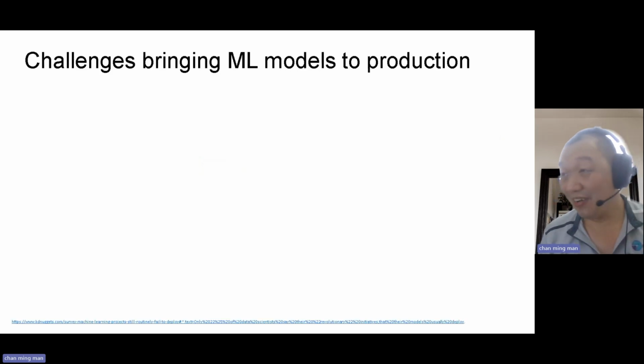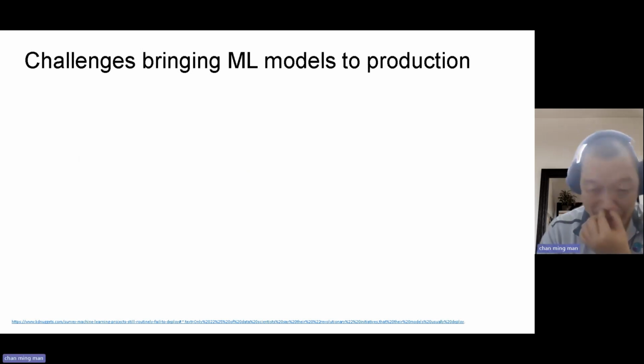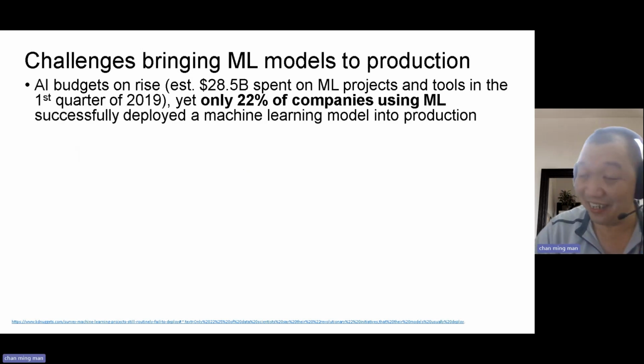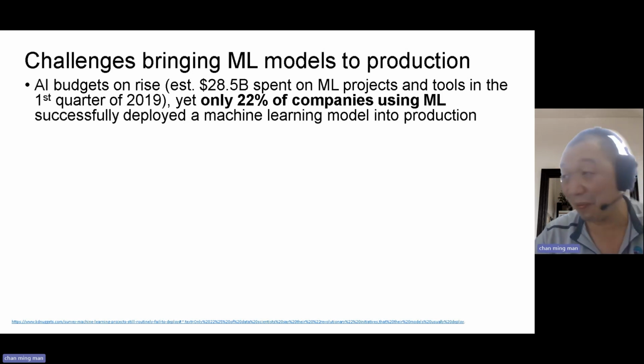Okay, this is from 2019. You can see the budget. This is from Microsoft. The second point I found myself, but this point I found from Microsoft: 28.5 billion spent on ML projects, but only 22% of companies are using ML successfully.